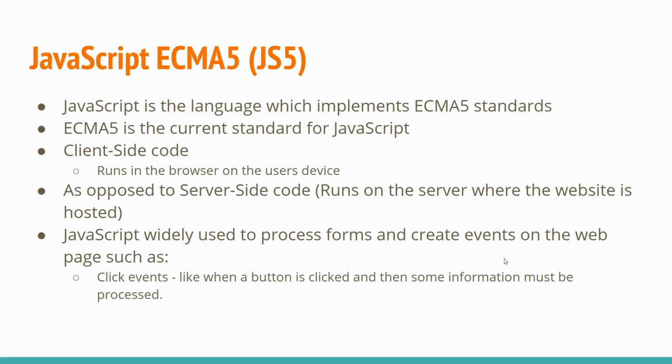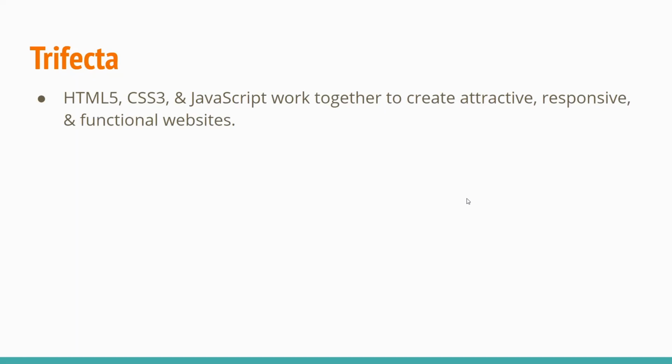JavaScript is a good option for handling this type of functionality. JavaScript is also used for hover events, such as tooltips or pop-up windows. HTML5, CSS3, and JavaScript work together to create attractive, responsive, and functional websites.